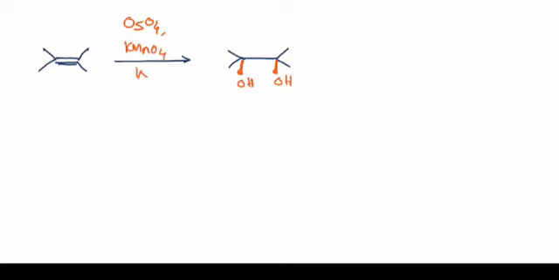Let's take the example of this alkene, and here I am going to react it with a specific reagent. Here we can use either OsO4, or KMnO4, or the Woodward.